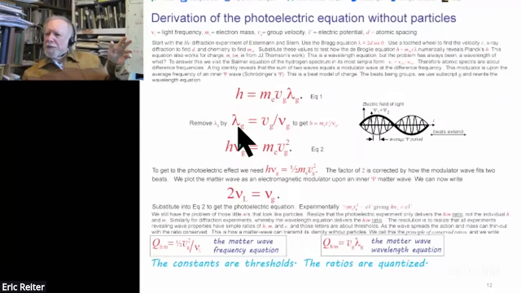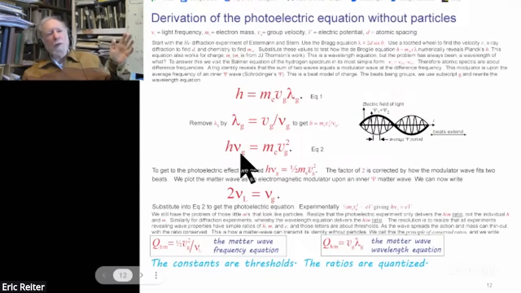Then we use velocity equals frequency times wavelength, and we get something close to the photoelectric equation. So I'm going to connect the wavelength equation to the frequency equation. And it can be done in either direction. But we see we're a factor of 2 off.